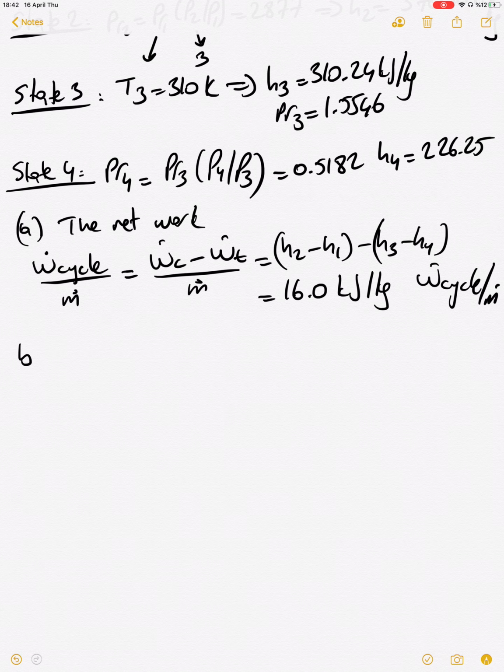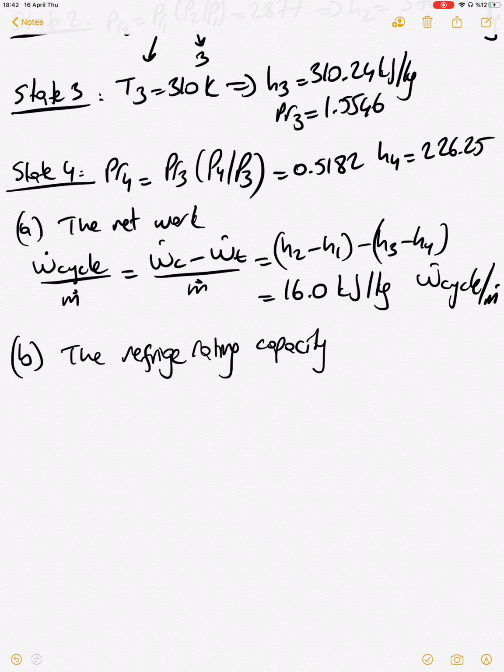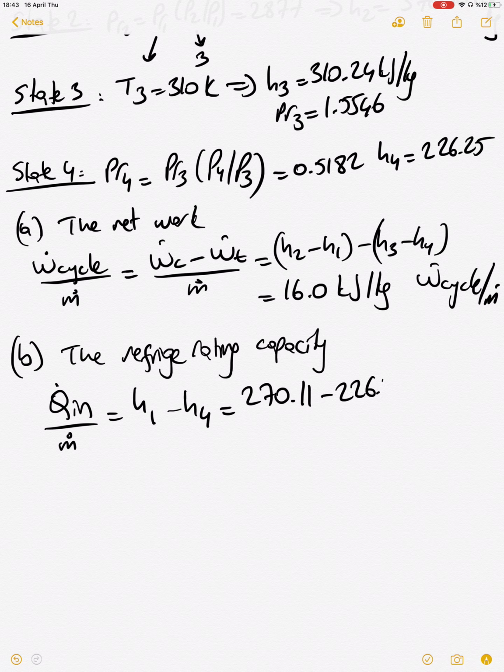The refrigerating capacity is actually Q dot in per m dot, which is h1 minus h4, which is 270.11 minus 226.25, 43.86 kilojoule per kilogram.